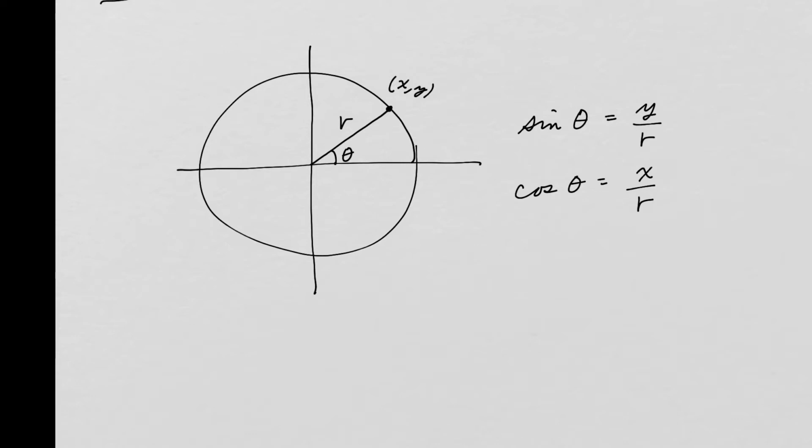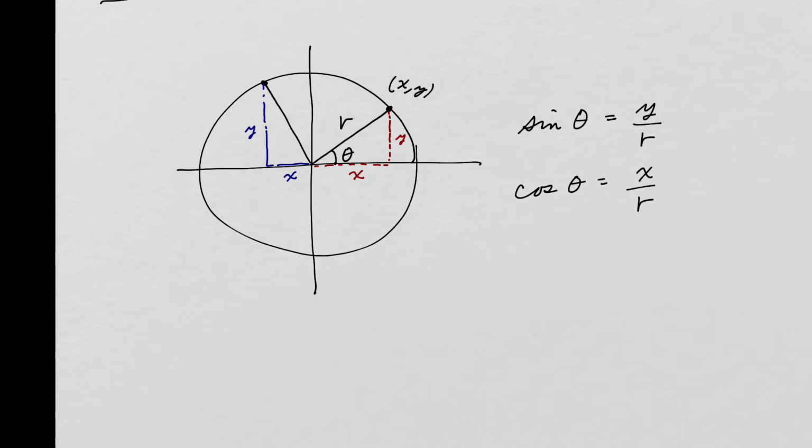So in this case, this would be the x, that value, and this would be the y value, the vertical length there. In the first quadrant, they're both positive. But if I were, say, in the second quadrant, this would be my x, which is negative, and the y is positive.